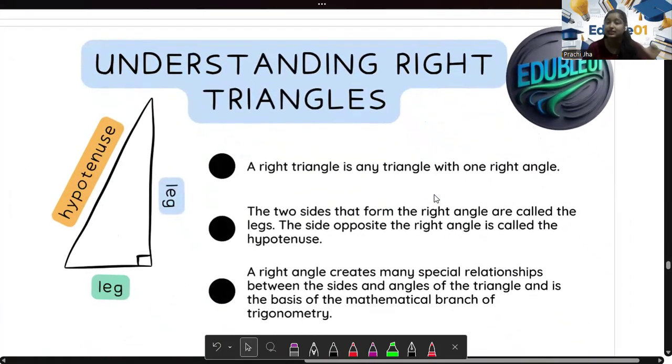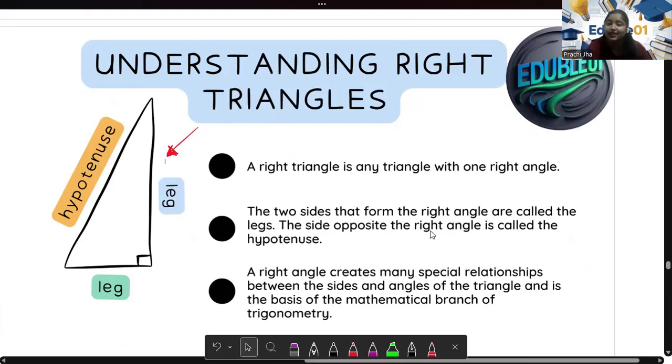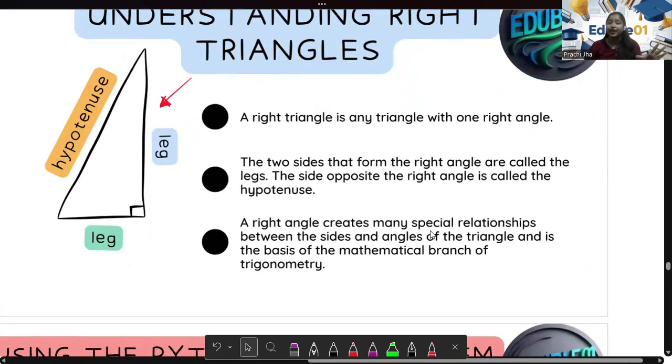Okay, let's move on and understand the right angle triangle. Since this whole concept revolves around a single but special type of triangle, that is the right angle triangle, let's understand it in more detail and become friends with it. A right angle triangle is any triangle with one right angle.